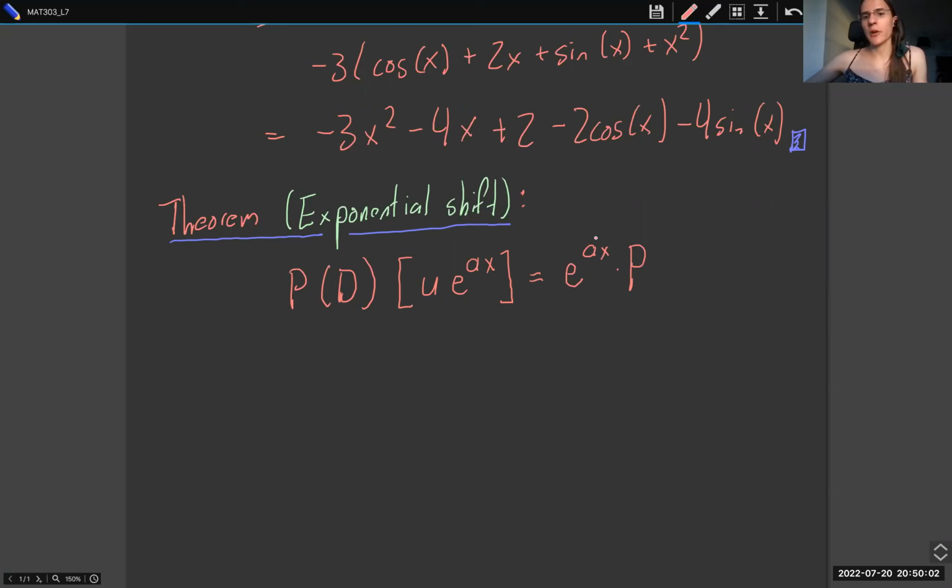So this is the operator that just multiplies by e to the ax, times the differential operator P of D plus a. So we're going to plug in D plus a instead of D into the polynomial. And then this is going to be applied to u.